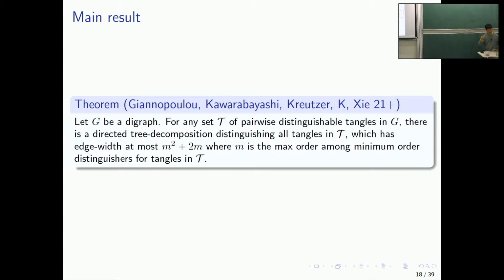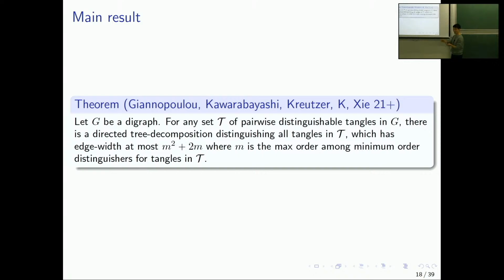Yeah, so now the statement is that for a digraph, and for any set T of pairwise distinguishable tangles, you can give a directed tree decomposition distinguishing all tangles in T, which has edge width at most m squared plus 2n, where m is the maximum order among all the minimum order distinguishers between the tangles in T. So you consider all pairs of tangles, and there is a minimum order distinguisher, right?